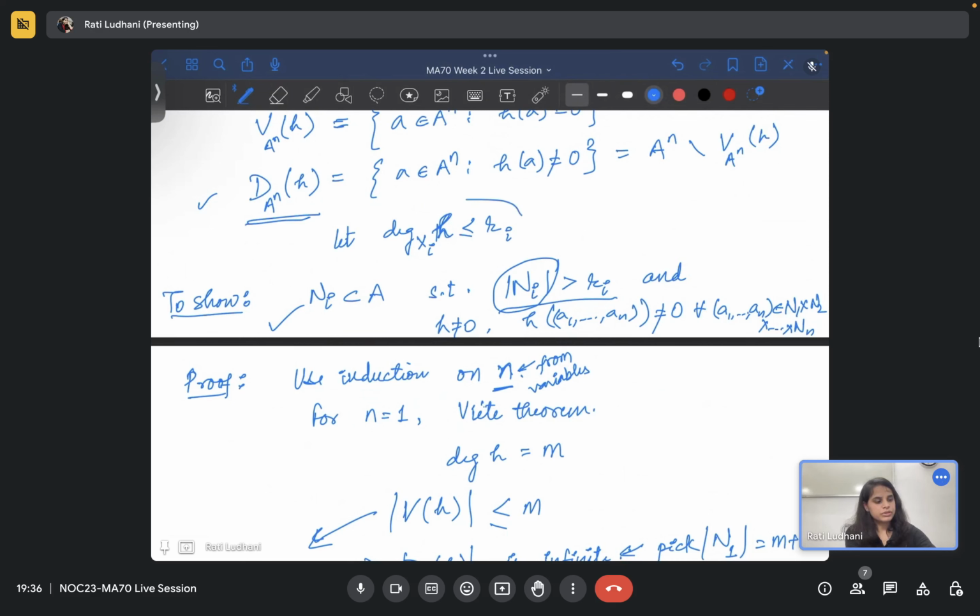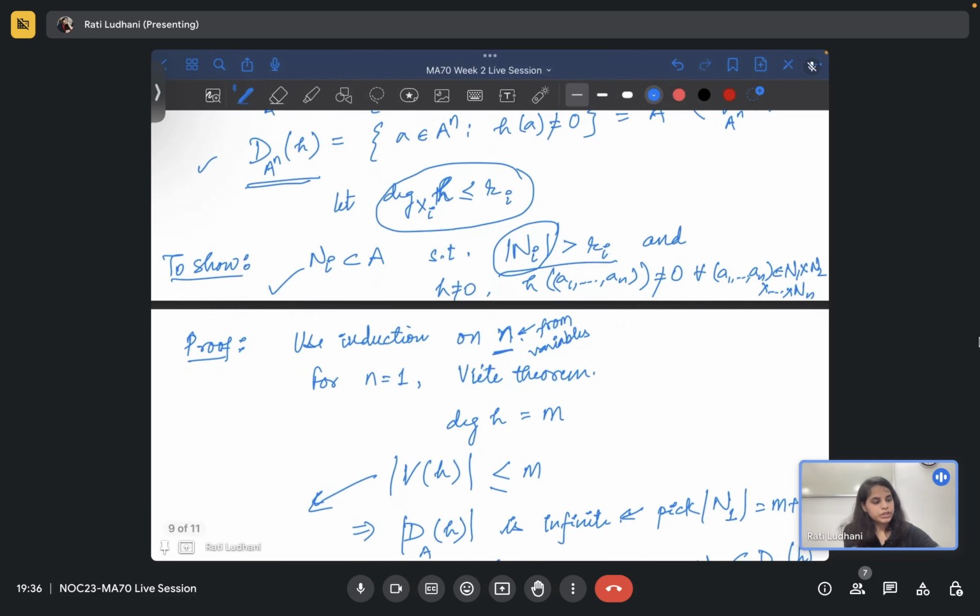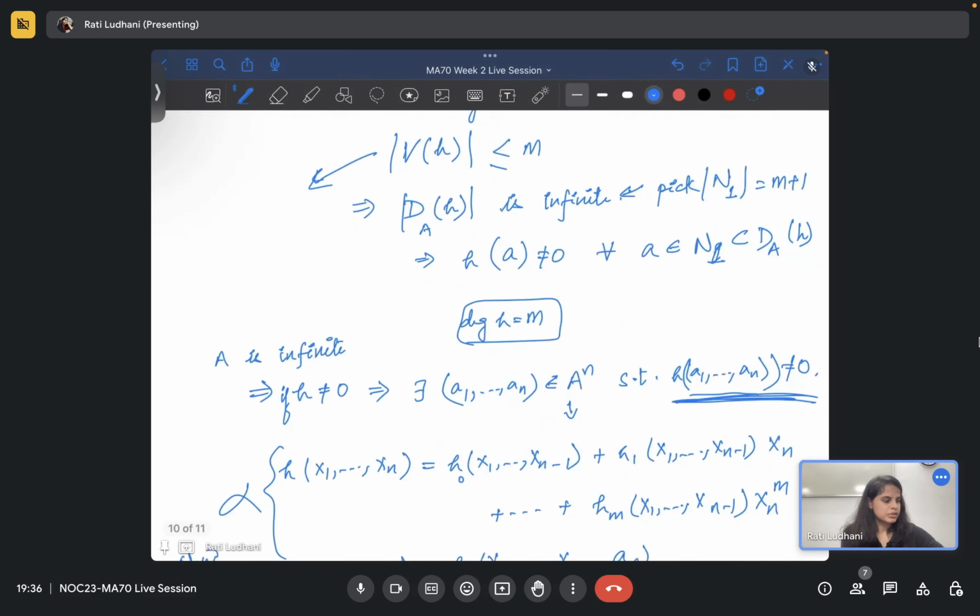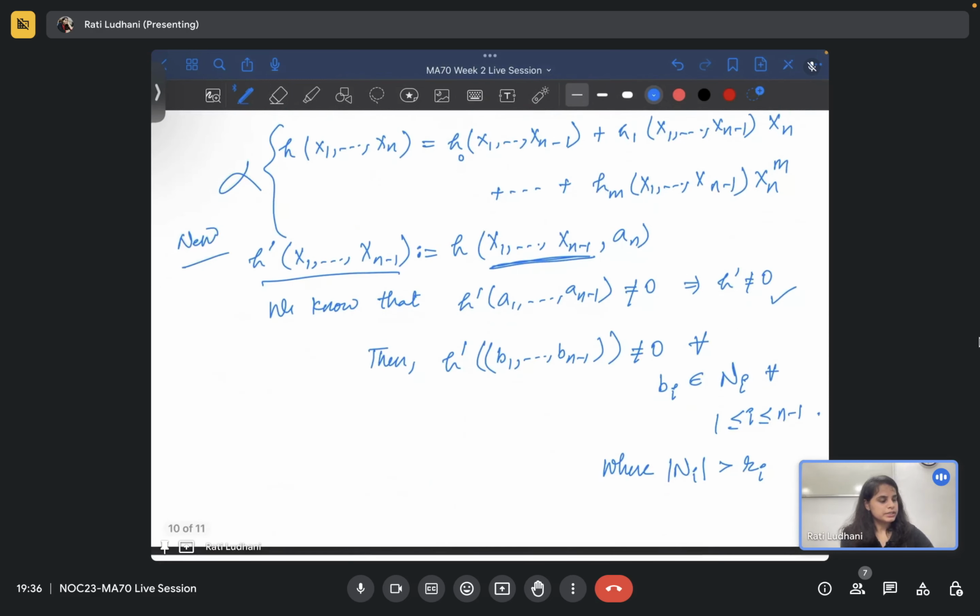So the degree of h in xi is less than or equal to ri, and these ri's are fixed. That is something we have for h. Corresponding to that, h dash will have the same degree, because it is just the polynomial h with xn replaced by an.